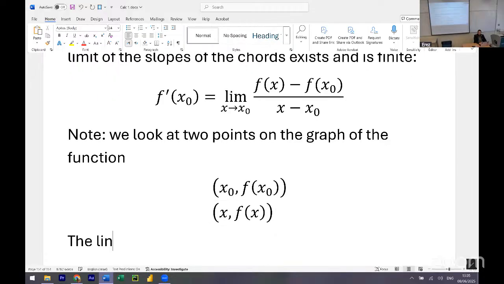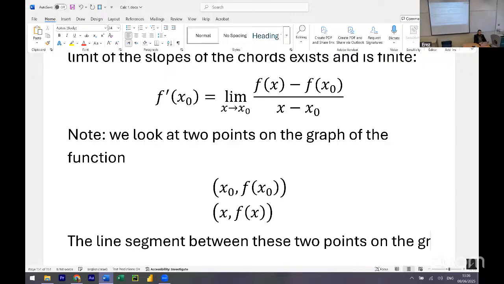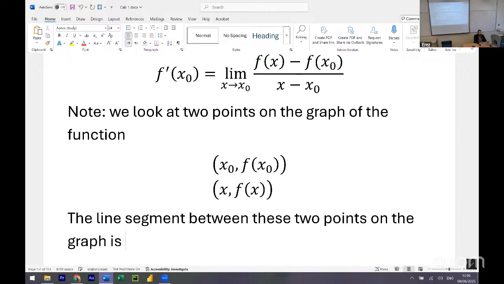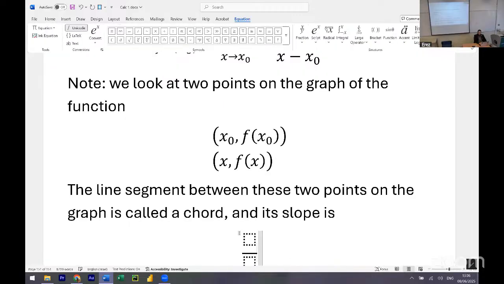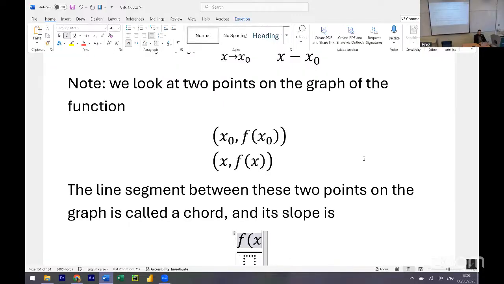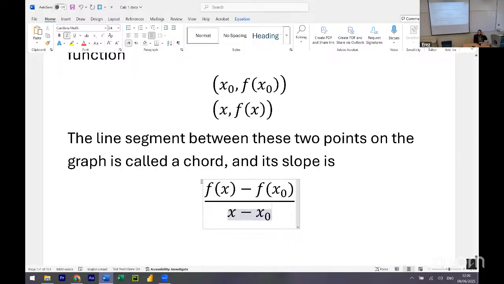The line segment between these 2 points on the graph is called a chord, and its slope is difference in y value over difference in x value. Agree? Okay?